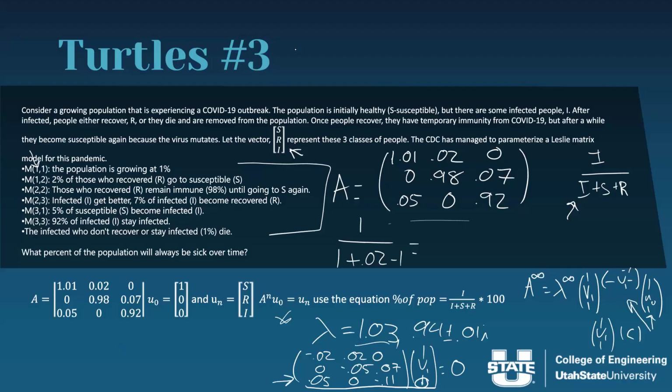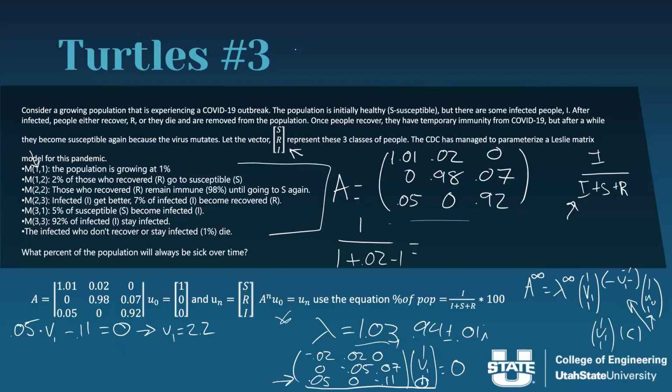Looking at this bottom row, I have 0.05 times V1 minus 0.11 is equal to 0. That's what it is. 2.2? Yeah. I think that was wrong in my original.